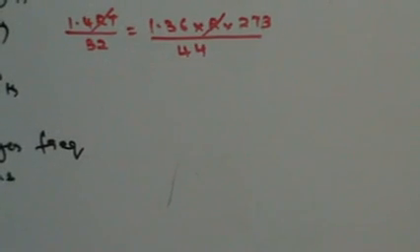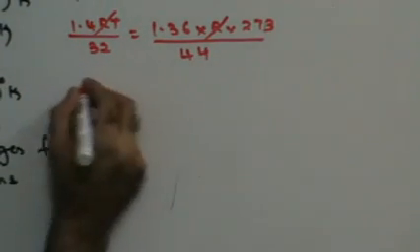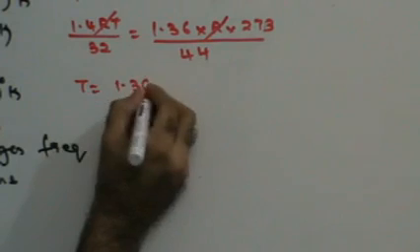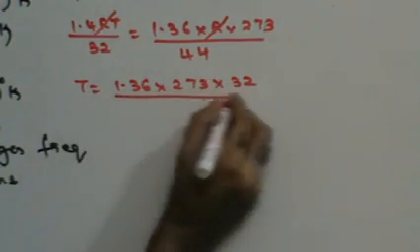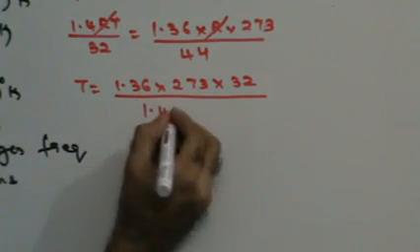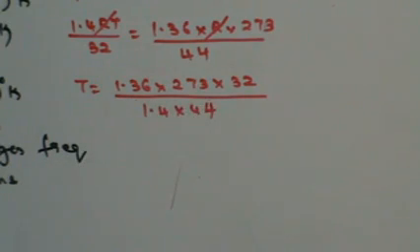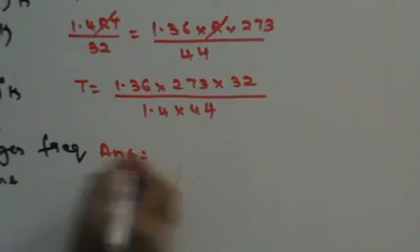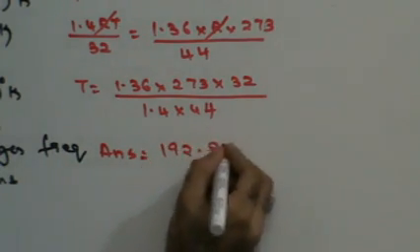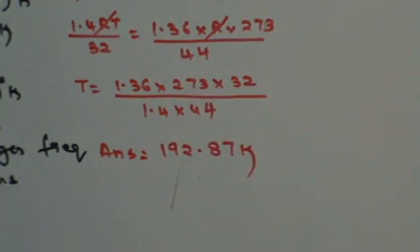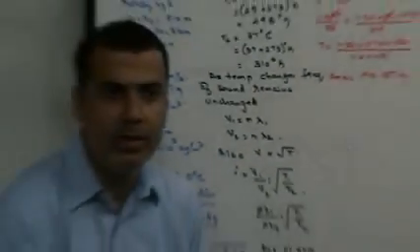R and R get cancelled, and T is the only unknown. You can calculate T as 1.36 into 273 into 32 divided by 1.4 into 44, so you will come to know the temperature at which the velocity will be equal. You should get the answer as 192.87 Kelvin. Right? This finishes this chapter. We'll stop here for the day. Thank you very much.